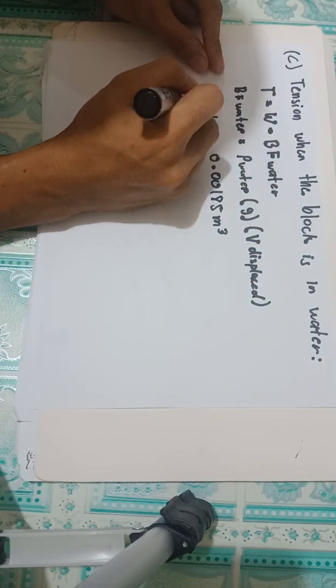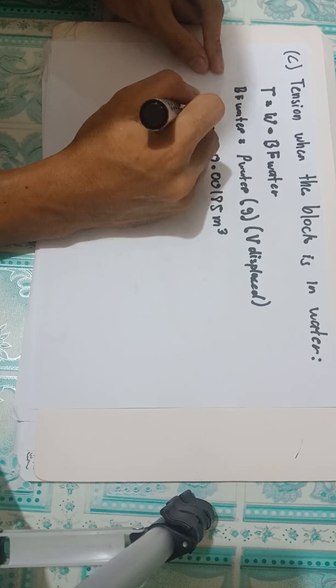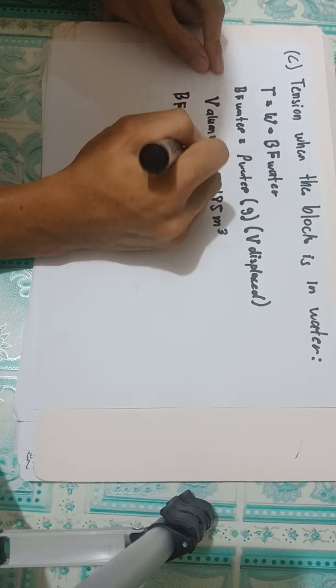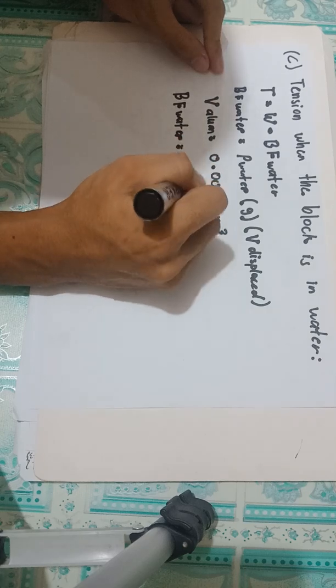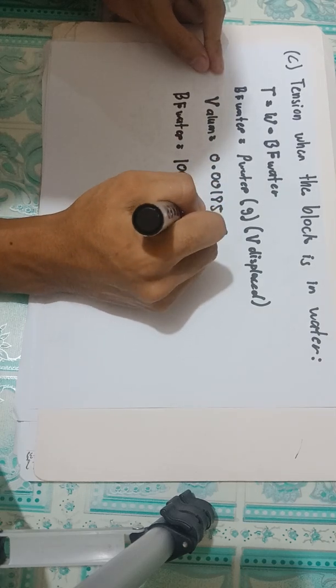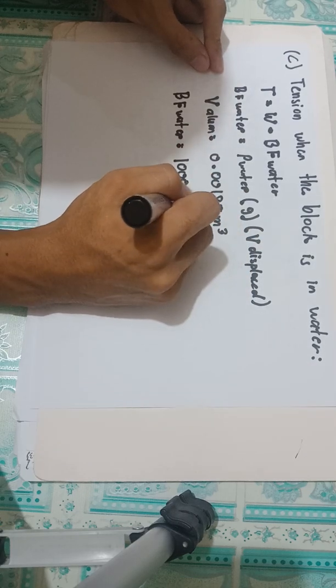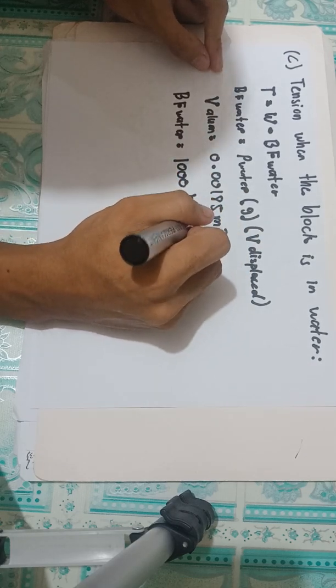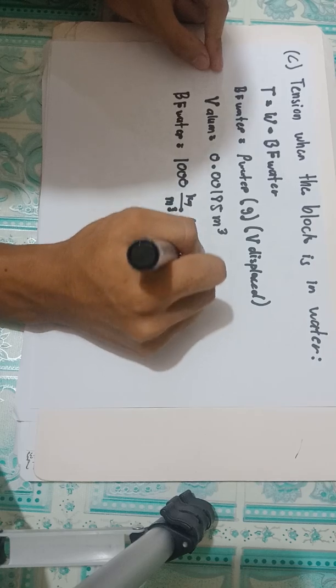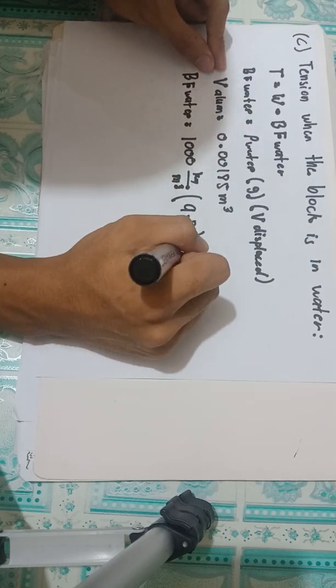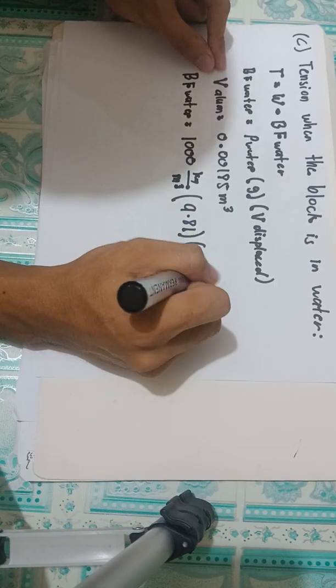Then we substitute the values: 1000 kilogram per cubic meter density of water times 9.81 gravity times our volume displaced.